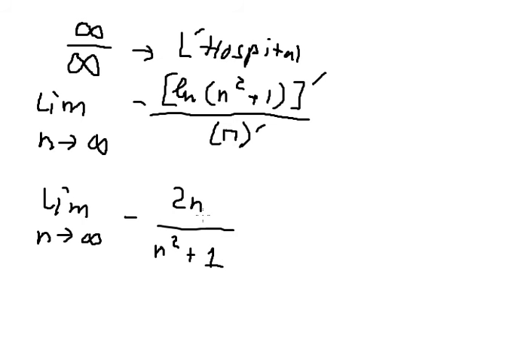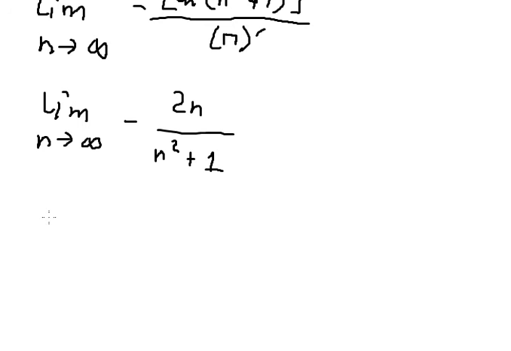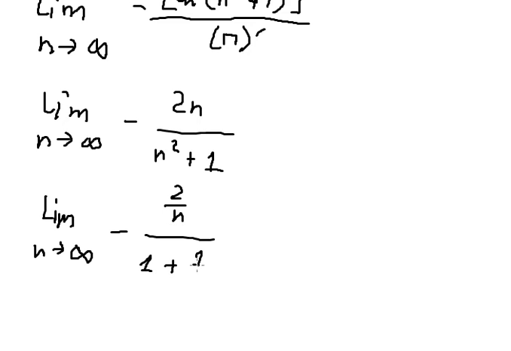Now we divide by n squared on the numerator and denominator. So when n approaches positive infinity, this one goes to 0, and this one goes to 0. So that means this one equals 0.